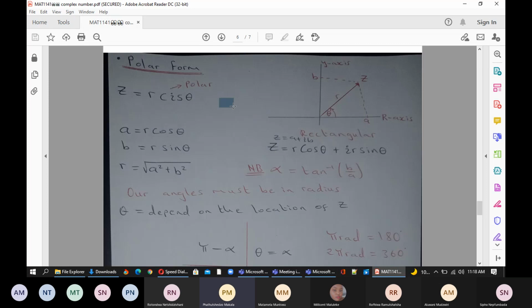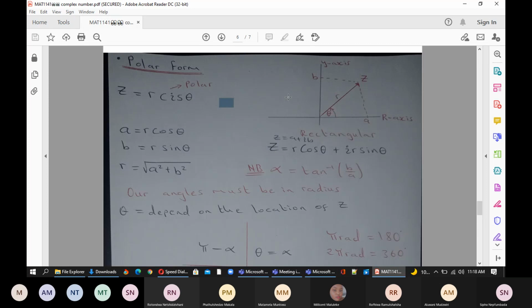In this diagram, you know how to use what we call SOH CAH TOA, written with capital letters.